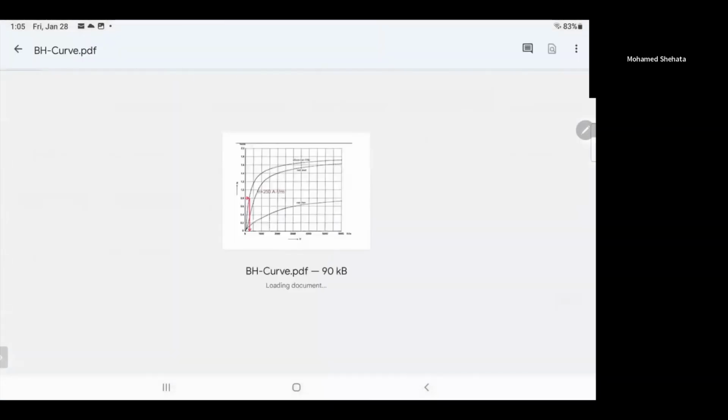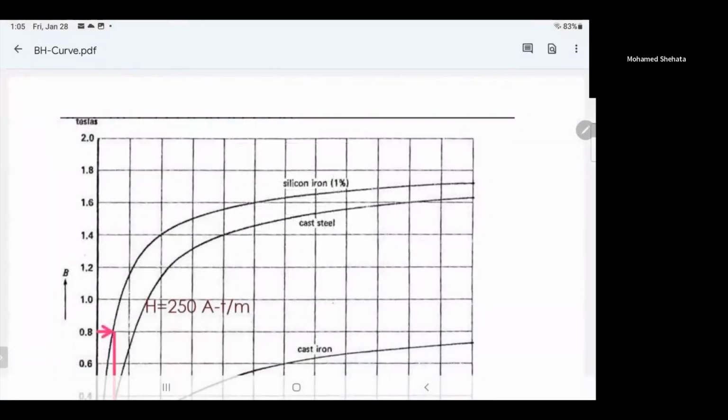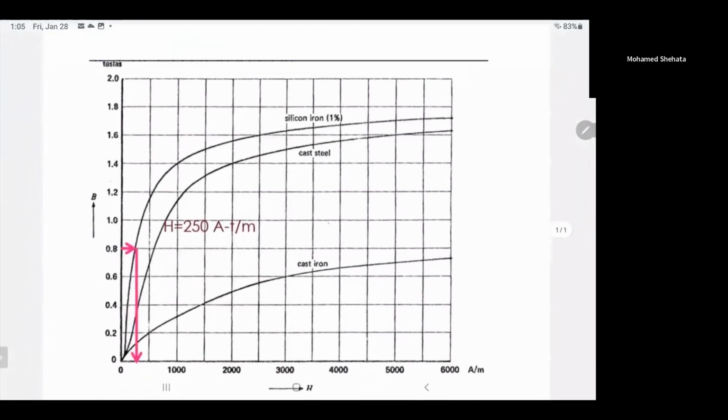Yeah, I have the curve. This curve, let's take a picture. Silicon.